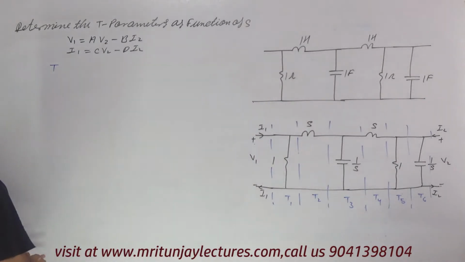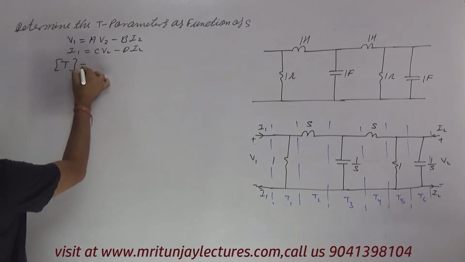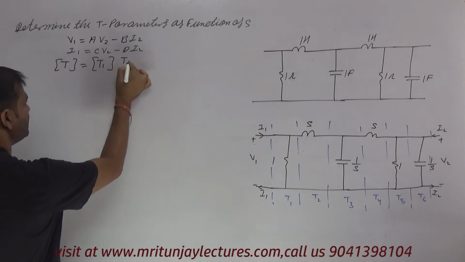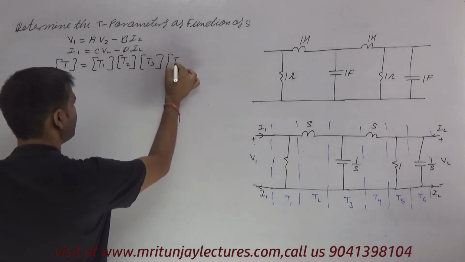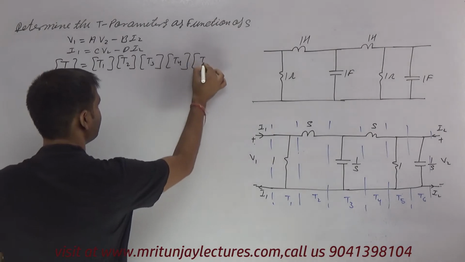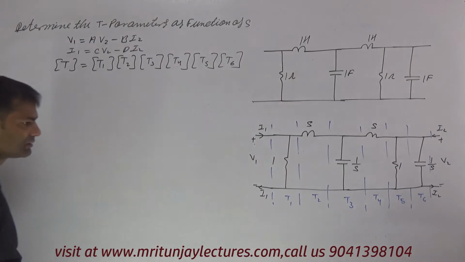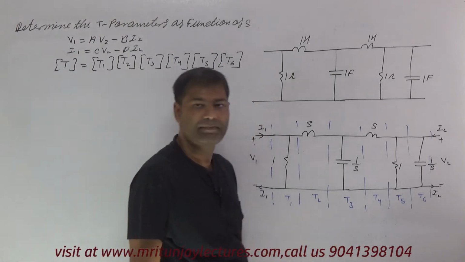So finally our motto is to determine T, which is equal to T1, T2, T3, T4, T5 and T6. Clear or not? So our last motto corresponds to this one.